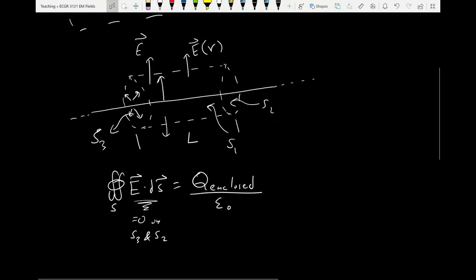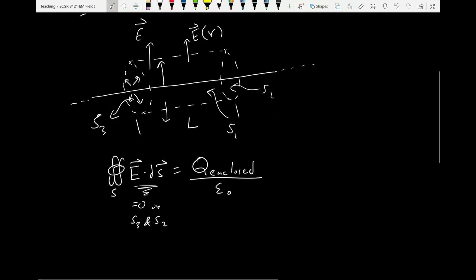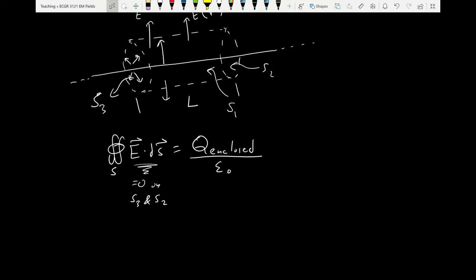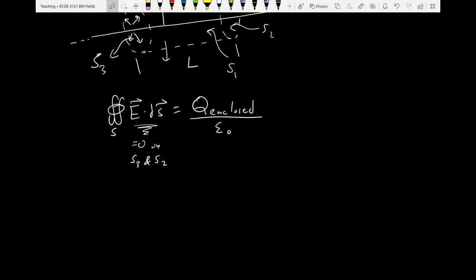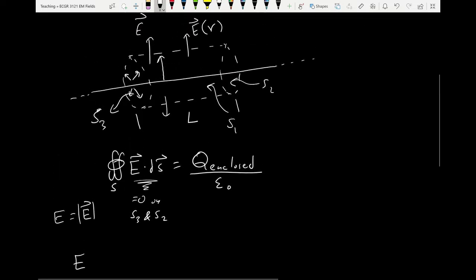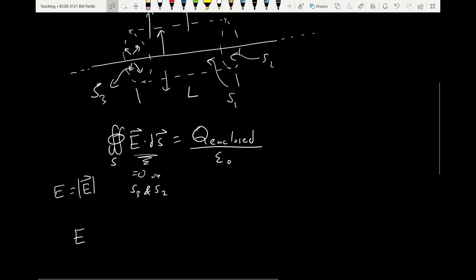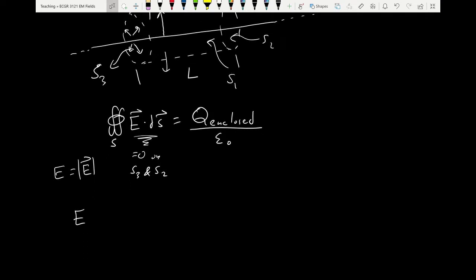Okay, the only part of the integral that has any value is going to be the integral over S1, and that will simply be E, the magnitude of E, right? And then the area of that cylinder, which is going to be 2 pi r L.